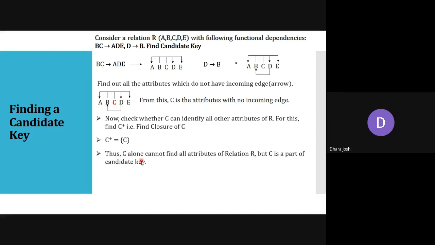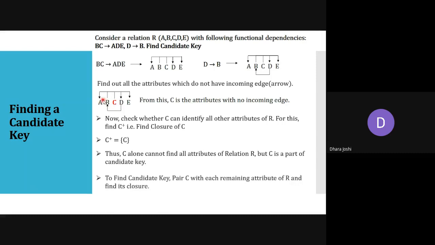So C alone cannot find all the attributes of this relation, but C can be part of the candidate key. If we merge this attribute C with any of the attributes, then it can be a part of the candidate key, because an arrow is not there into C, so C can be a part of the candidate key. So we can try that. We can combine or merge this attribute C with the rest of the attributes.